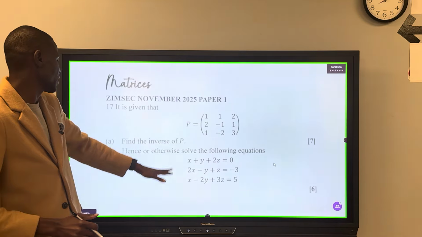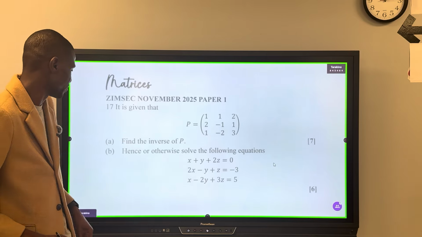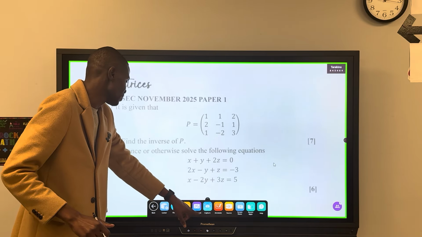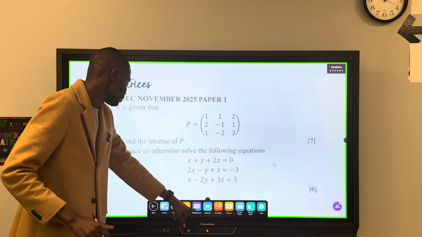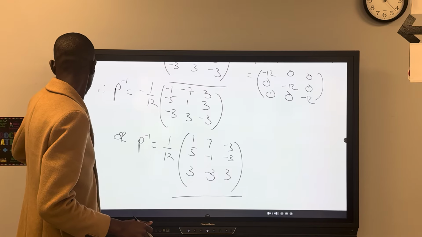So part B of the question is now "hence or otherwise." I'm going to use the hence method here. So allow me to move this up.